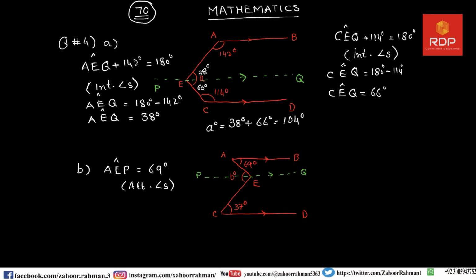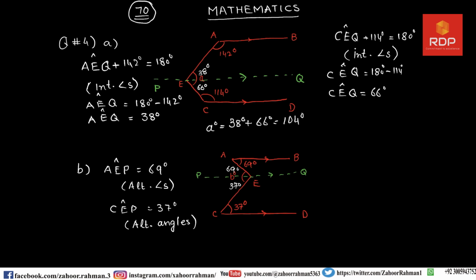Now we have to find the second one, and that is CEP, which is equal to 37 degree, and that is also due to the alternate angles theorem. So now we found this one to be 69 degree, and this part to be 37 degree by utilizing the alternate angles theorem.